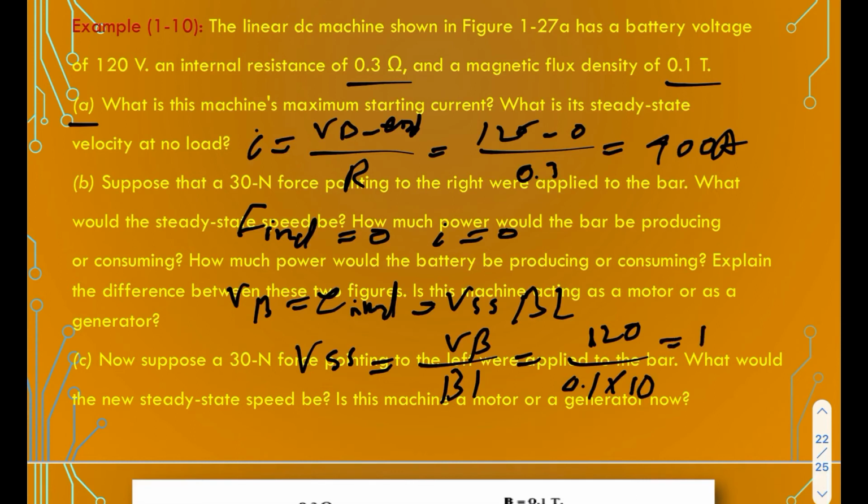It will be 1200 meters per second. This is the solution for part A.